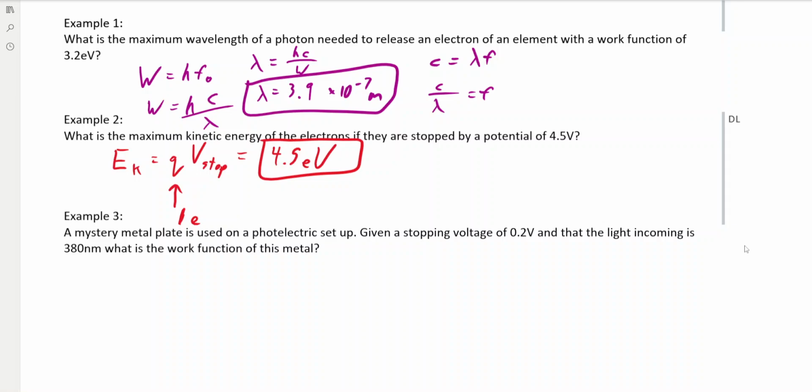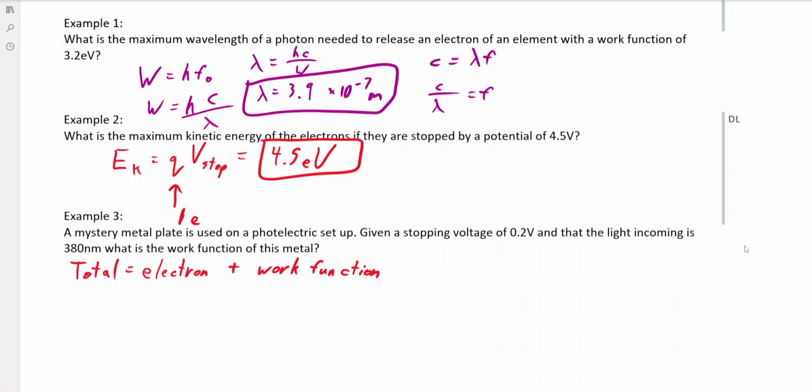So that means that the total energy, okay, I'm going to write it out more generically. Total energy is the electron energy plus the work function. Okay, that's the basic idea here.